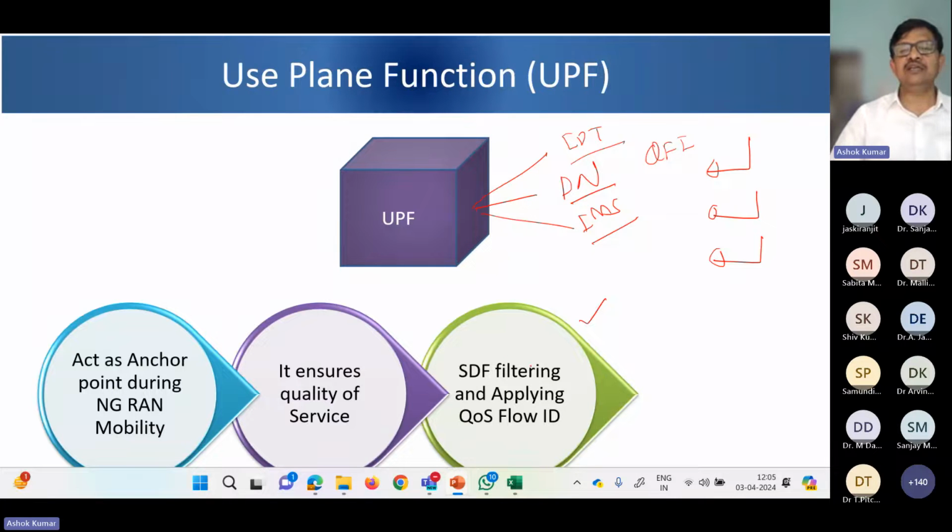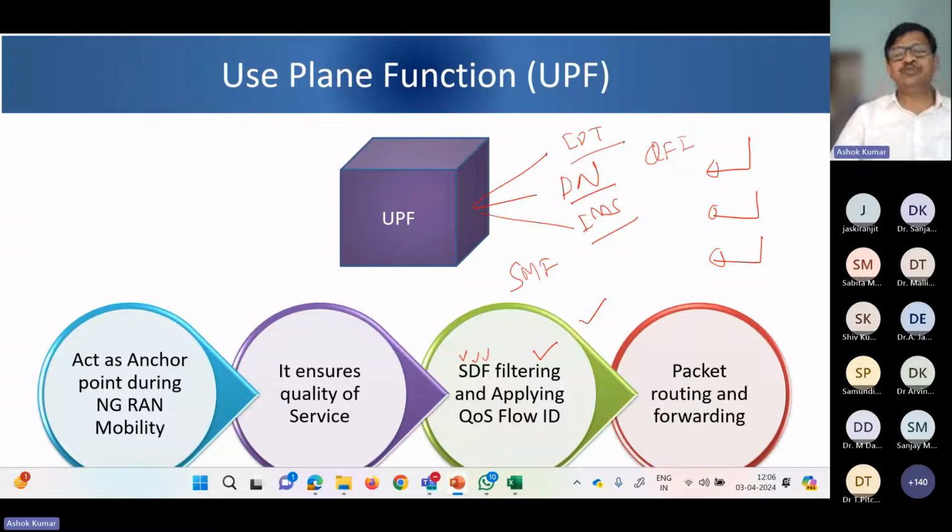So it is called SDF filtering. SDF is service data flow. YouTube is a service, Netflix is a service, gaming is a service. So for every service data flow, UPF will be able to filter based on the rule it has received from the SMF. Right, the template it has from the SMF, and then you can apply a particular QFI.